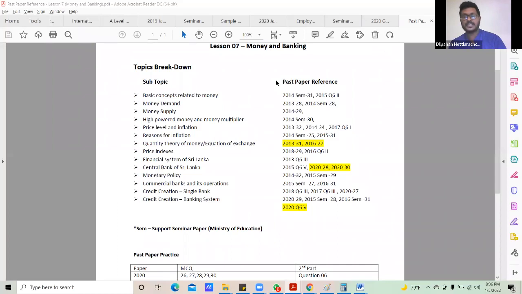Credit creation is a very important part of this lesson, and most of the time it will be in your paper. Most people struggle to get correct answers for this section, so I thought of supporting you by doing some questions and explaining how you can get the answers.